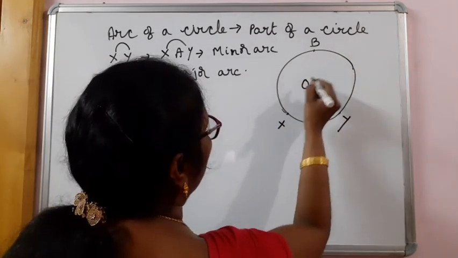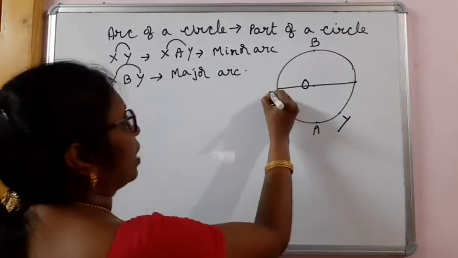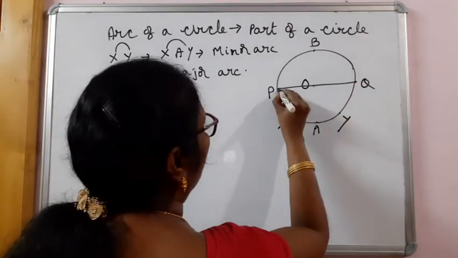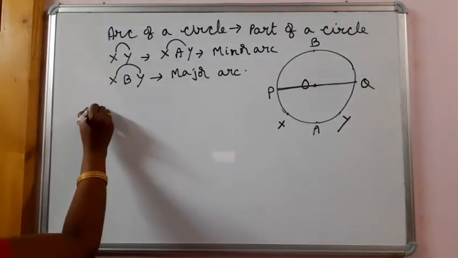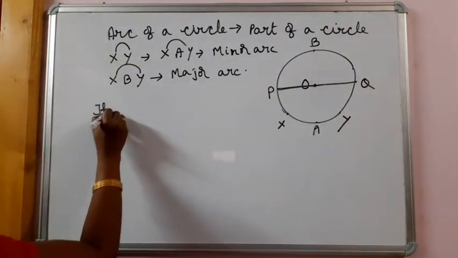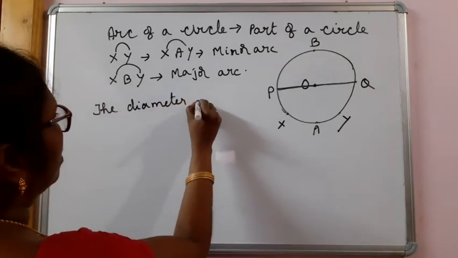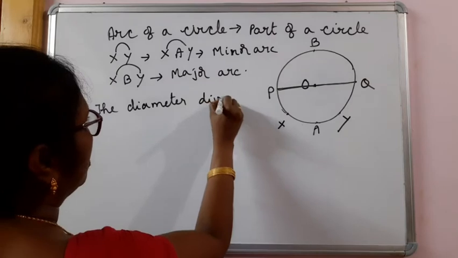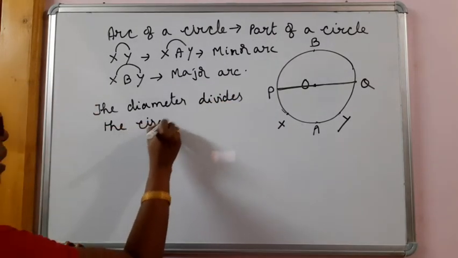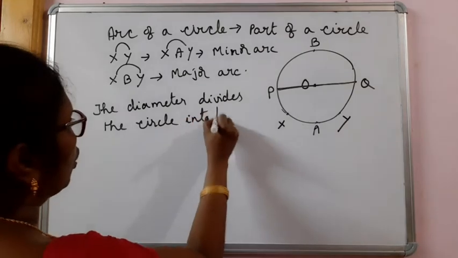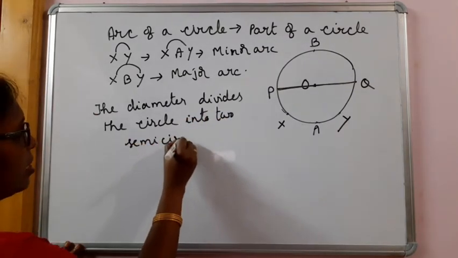And let me draw a diameter. Let me name it as PQ. PQ is the diameter of the circle. The diameter of a circle divides the circle into 2 semicircles. Semi means half circles.